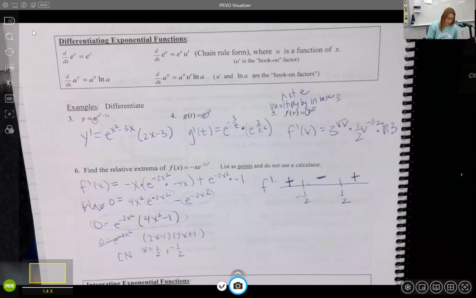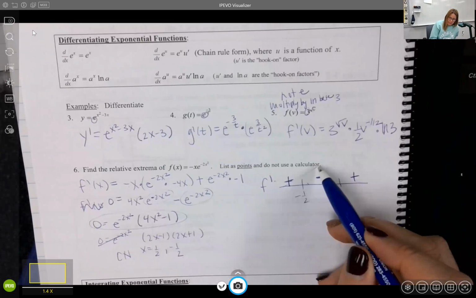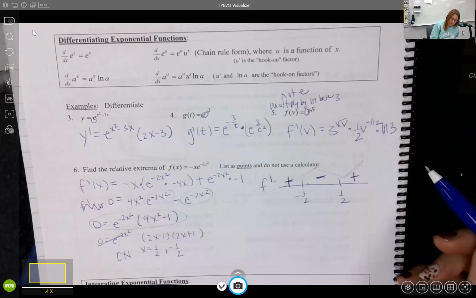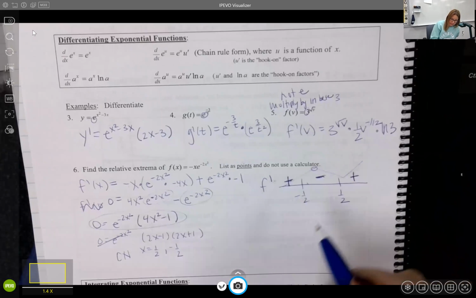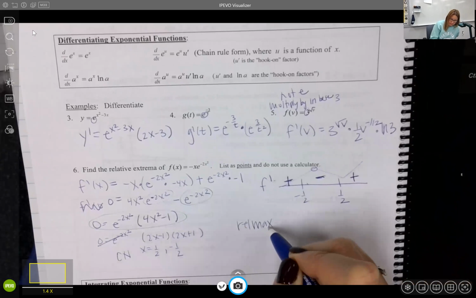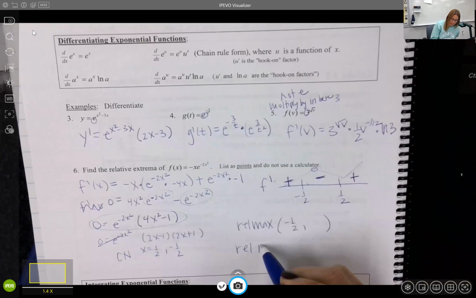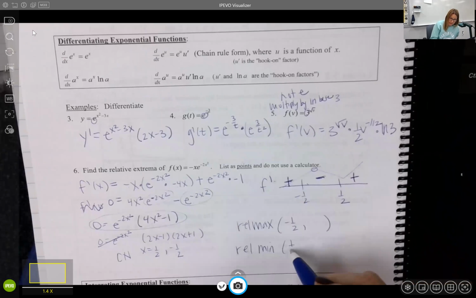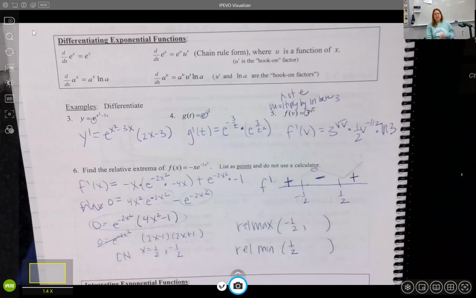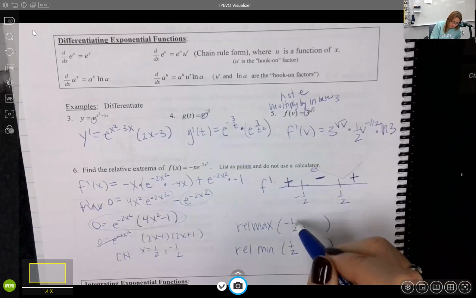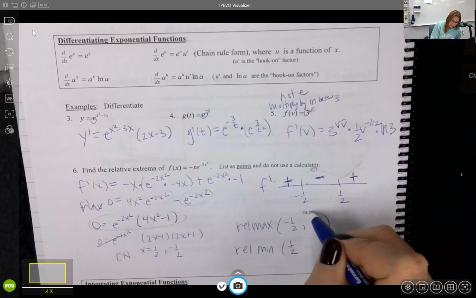Okay. All right. So now this is going to go up, down, and up. So if I look at this, I'm going to have a max at negative a half and a min at positive a half. Okay. So once I know where that's going to occur, I put this into the original function.